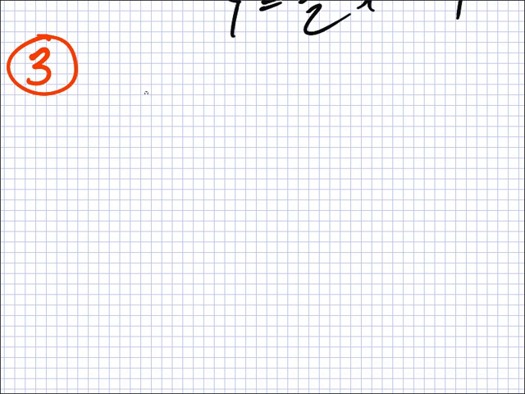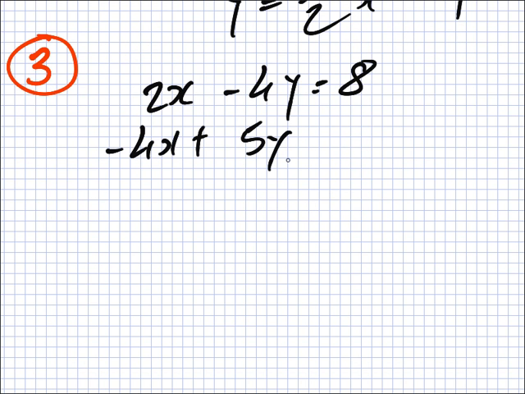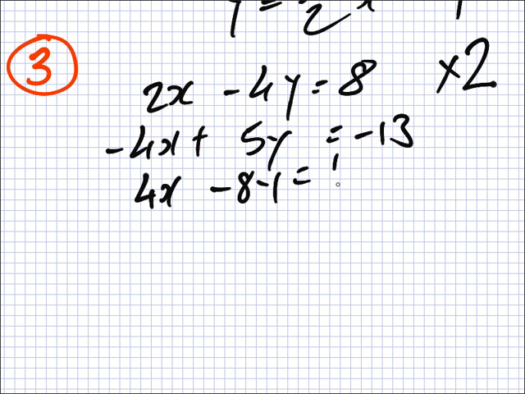3. You want to solve 2x minus 4y equals 8 and minus 4x plus 5y equals minus 13, right? Multiply this by 2. So you get 4x minus 8y equals 16.